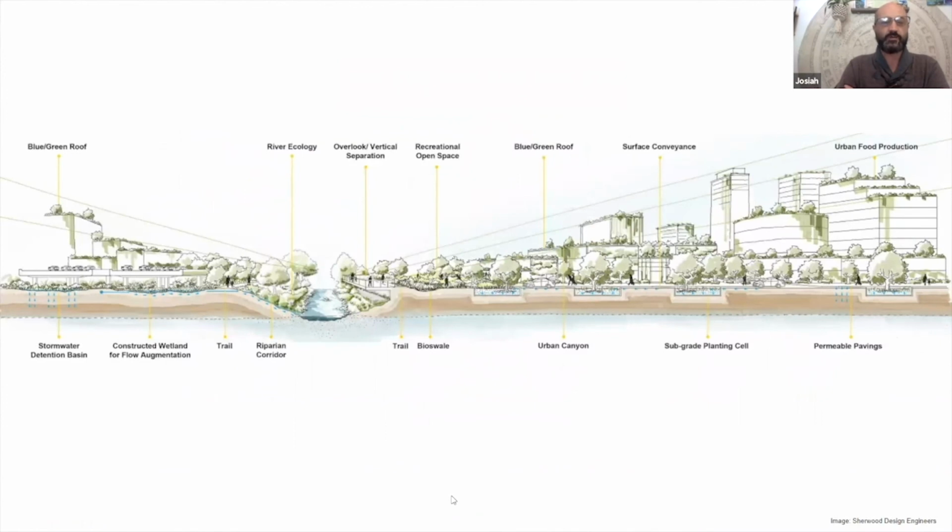The outcome allows you to look at these utopian visions for modern cities, and start to understand where the thresholds are. How much of this green stuff really optimizes the performance of the city?